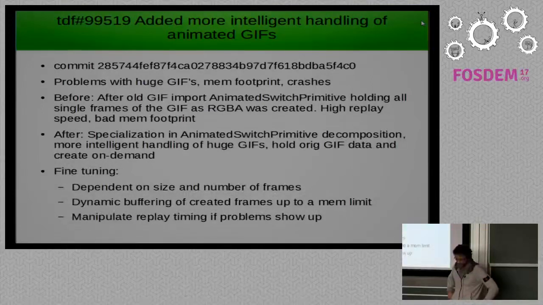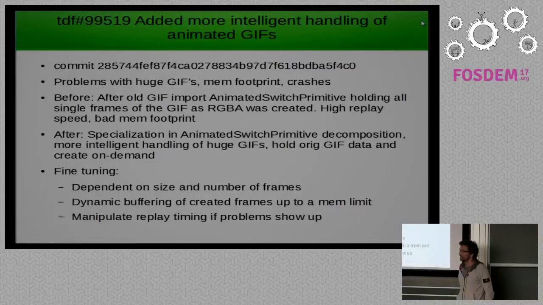And afterwards, a specialization in the animated switch primitive again. The solution is to directly do something inside the primitive which was hosting all the sub-level data and add some intelligence at that spot. So now it's looking at how much data it's holding, how many frames there are. Does it allow itself to use the pre-rendering? Does it buffer or not? How much does it buffer?